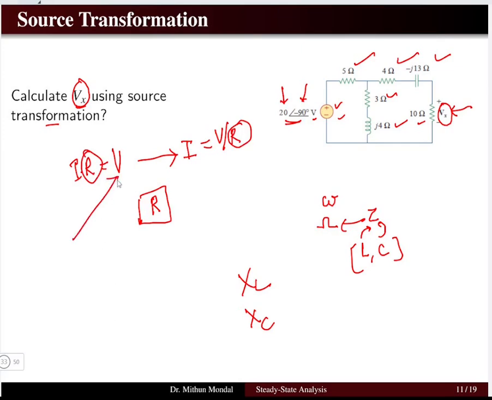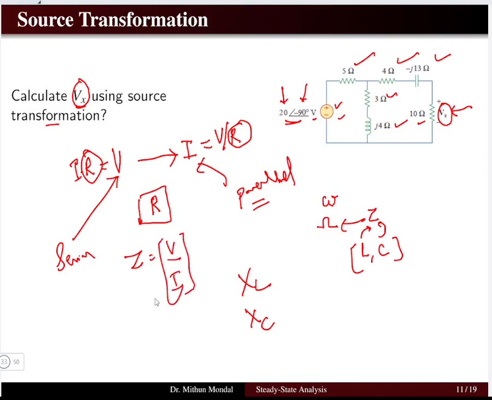When a voltage source is there, the resistance will be in series. When a current source is there, it will be in parallel. However, the terminal characteristic of voltage by current, that is the impedance, will remain the same. That is the concept behind source transformation.